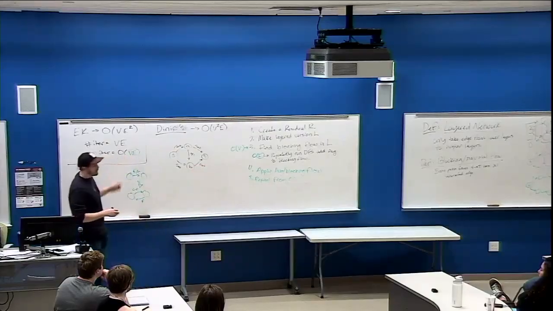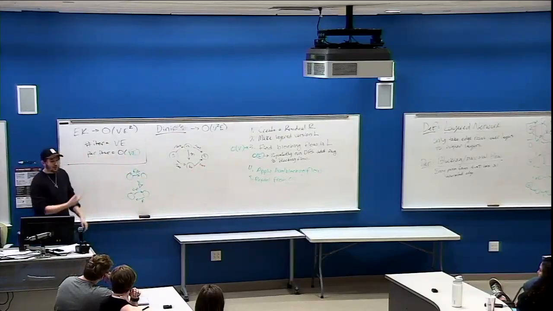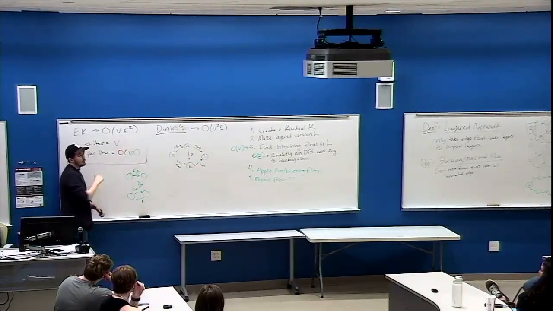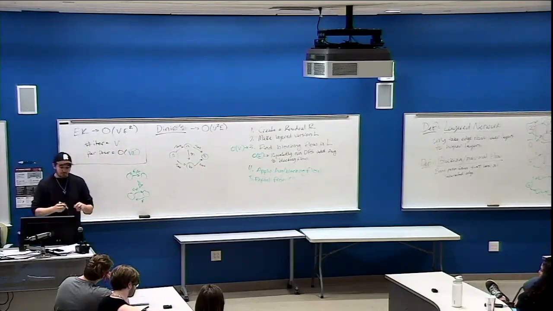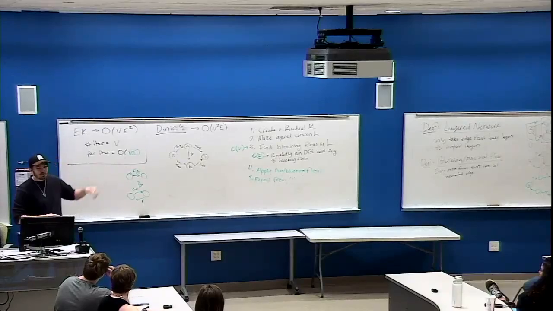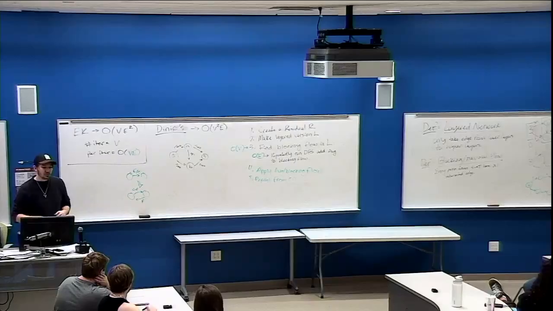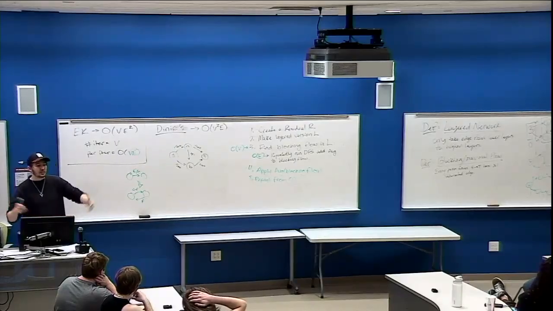So the number of iterations, I was tricking you all before, it does in fact decrease the number of iterations by increasing the amount of work per iteration. You could argue that it has a nested iteration, but just to point out, the basic idea behind Dinic is that for every one of my residual graphs, I want to do more work per residual graph. I want to find more augmentations I can make.